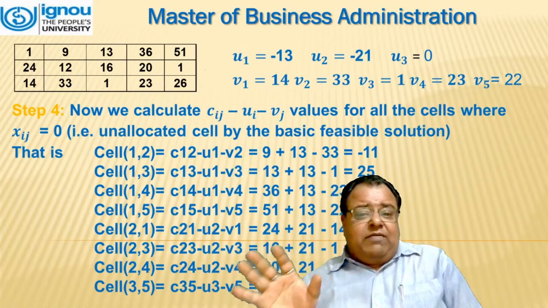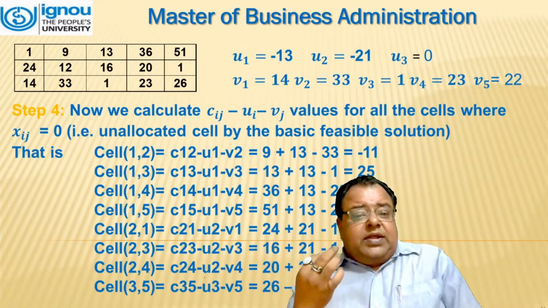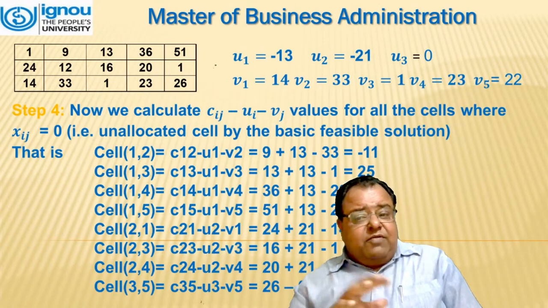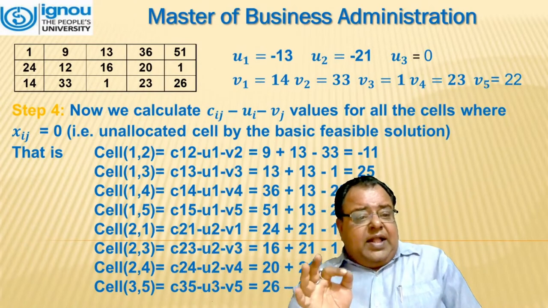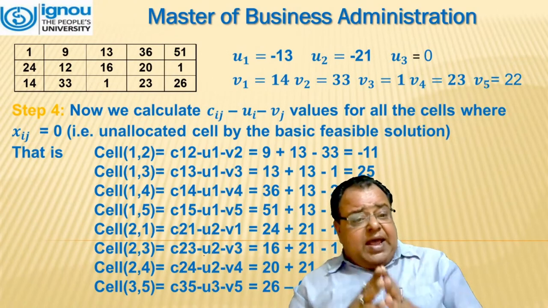We have calculated all the values of u and v. Now we calculate cij minus ui minus vj for all the cells where xij is equal to 0, that is, the cells unallocated by the basic feasible solution.